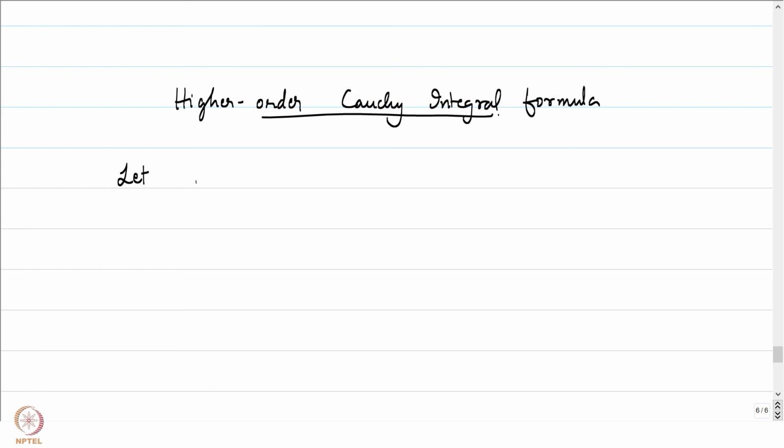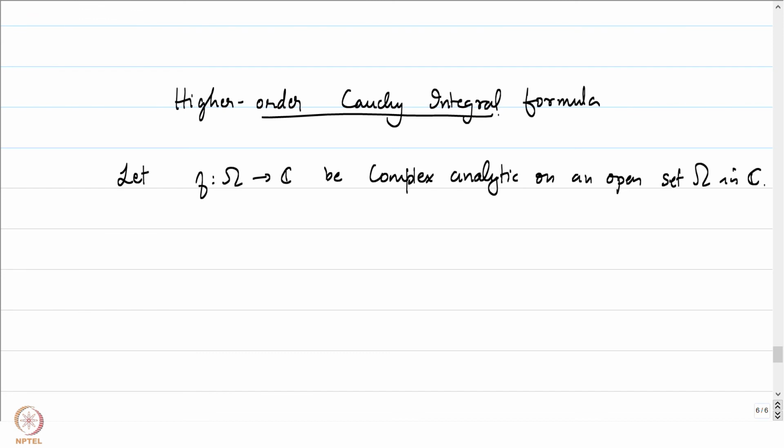Let f from omega to C be holomorphic or complex analytic on an open set omega in C, and z0 be a point in omega with the closed disc D(z0, r) bar contained in omega.